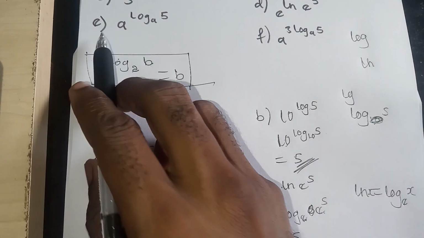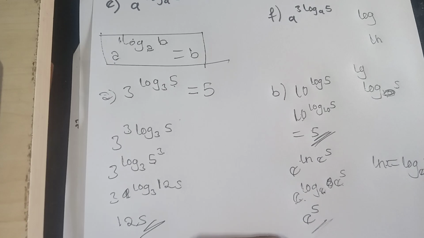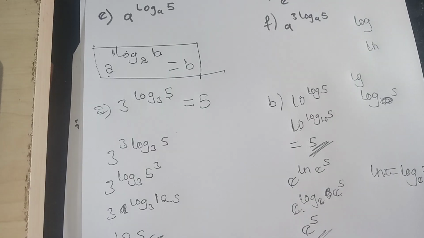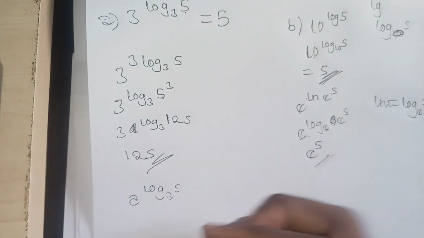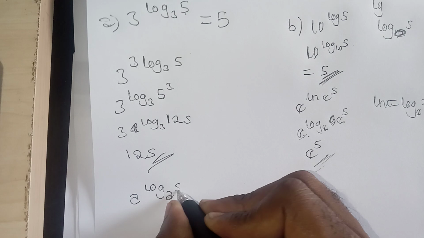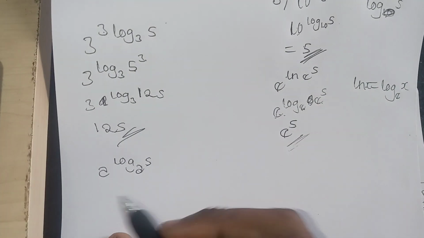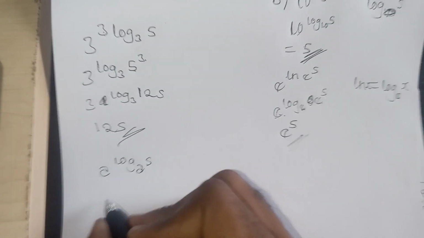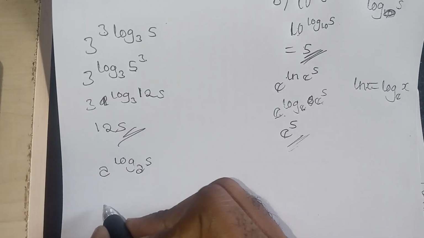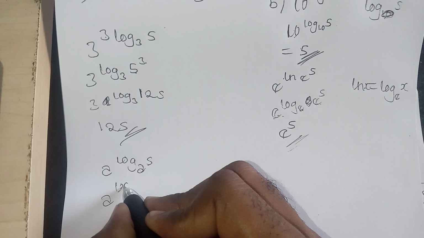And then on part E, we have a raised to the power log a of 5. Let me write it nicely.